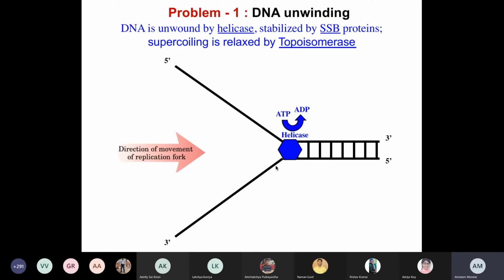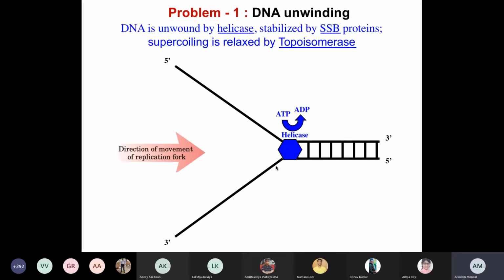Now if you think about the DNA, it's a helical structure. Think about two strings which are helically coiled around each other. You fix one point of that rope, and then you keep on separating the two strings from each other. What will happen?